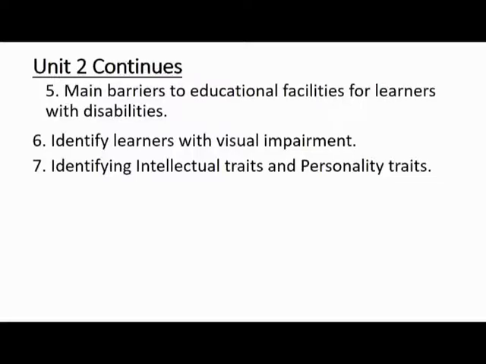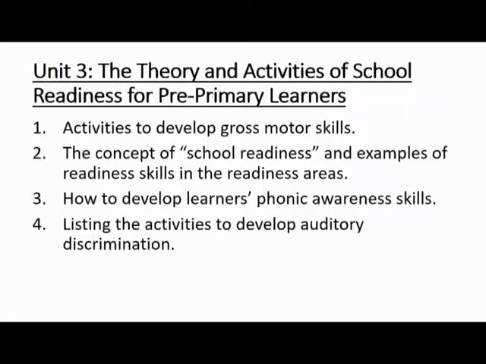So that is all that you should know in Study Unit 2. Then we go over to Study Unit 3. Study Unit 3 is about the theory and activities of school readiness and pre-primary learners.